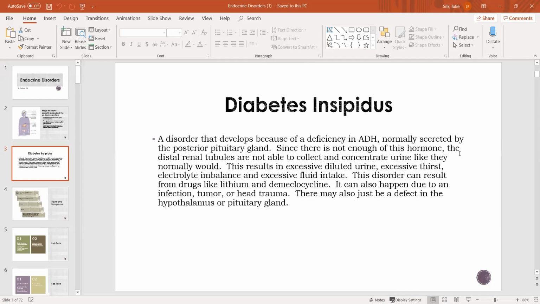If they had a tumor in their brain, that could cause it. Sometimes your kidneys just aren't receptive to ADH, so they don't work in accordance with that, and so you could get something like this. Again, if you had damage to the hypothalamus or the pituitary gland themselves, that could cause it.